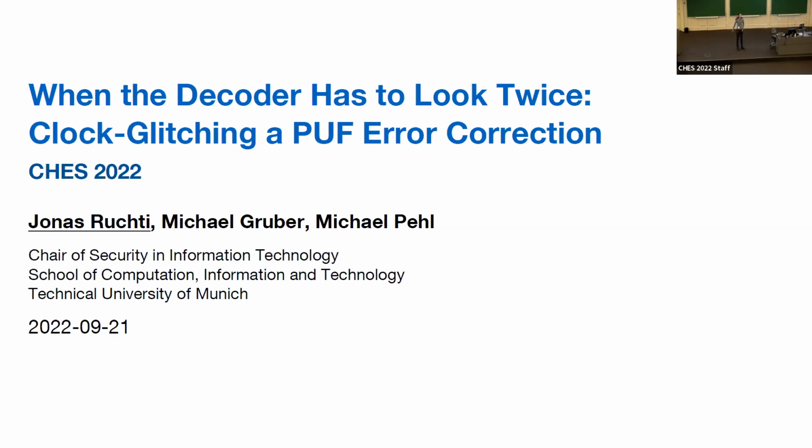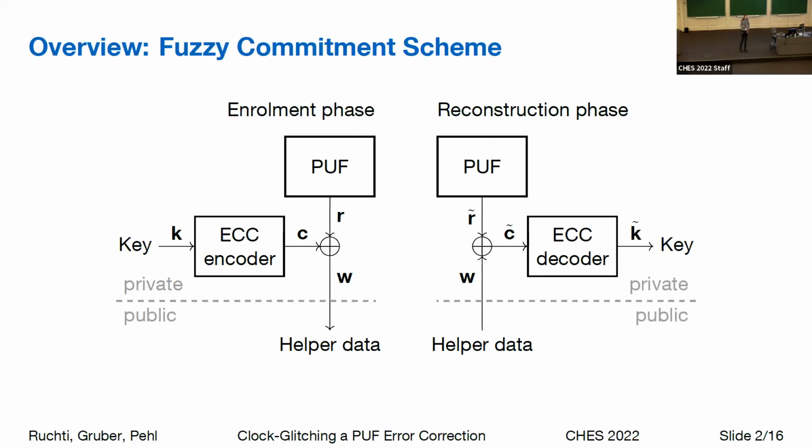What I want to present today is a clock glitch fault attack on the error correction part of a PUF key storage system. A PUF key storage system, for us, means something like the fuzzy commitment scheme, where we have a one-time enrollment phase which we use to store a secret key.